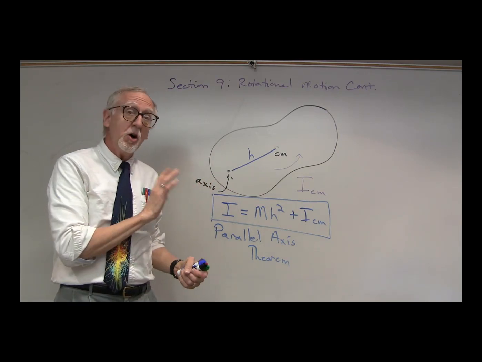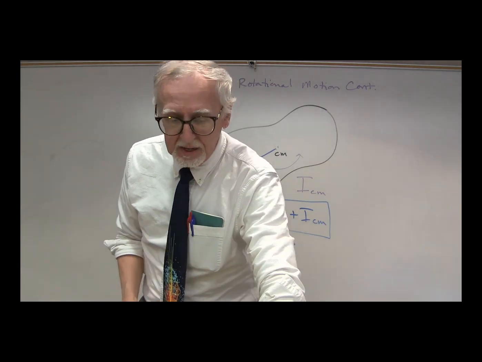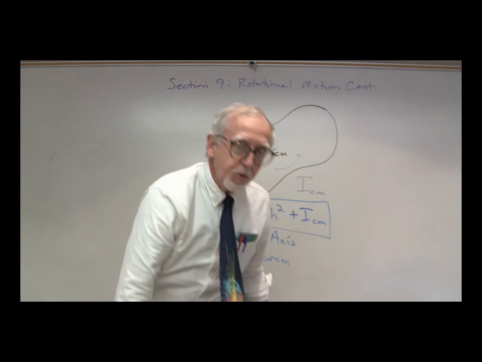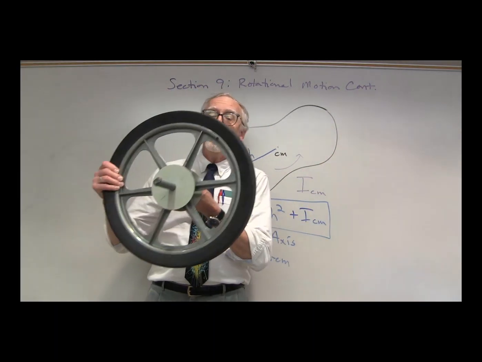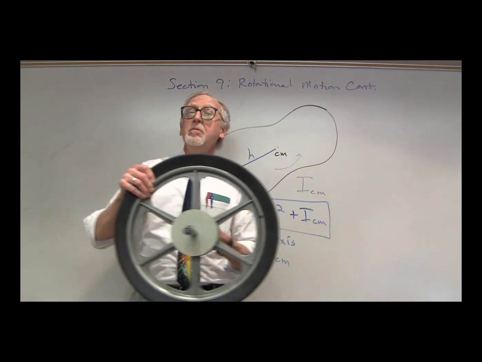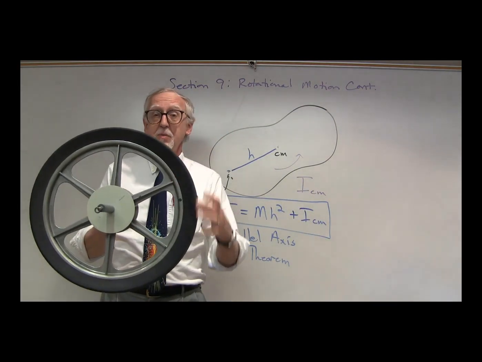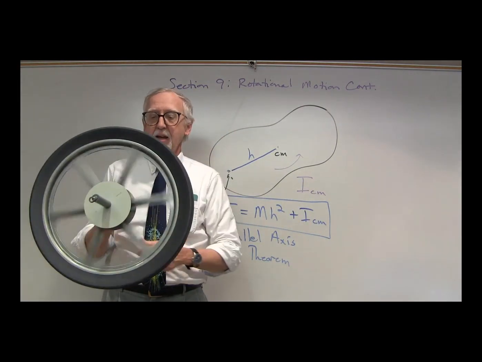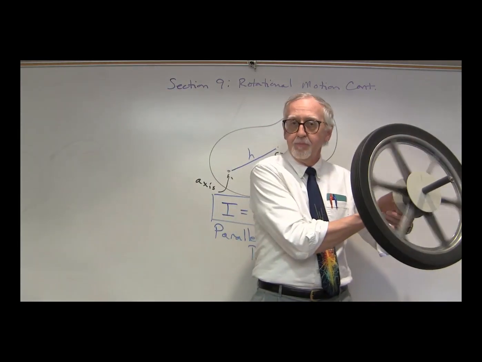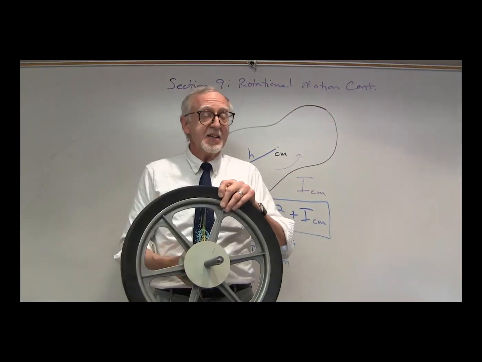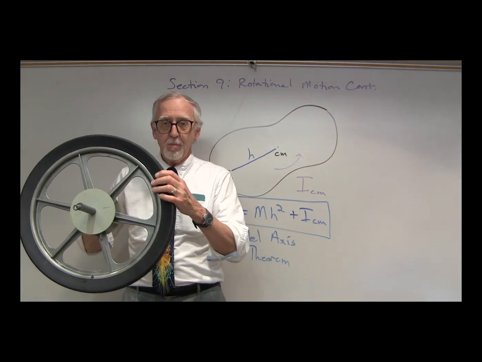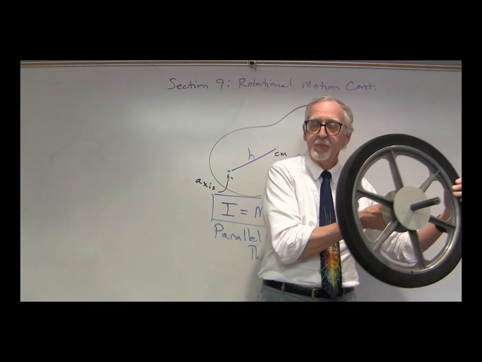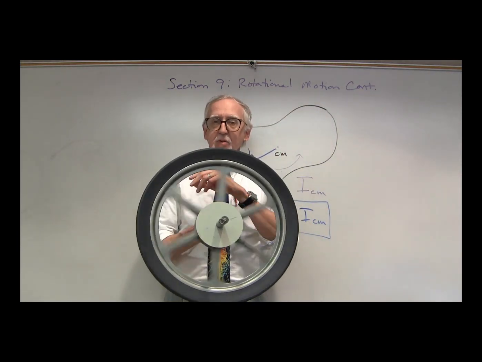Now, what that means also, when we were talking about the kinetic energy of the object, is that if we have an object undergoing two different kinds of motion, let's say it's rotating and translating, then we can break its kinetic energy down into two parts: one motion where the whole thing is moving, and one motion where it's rotating.